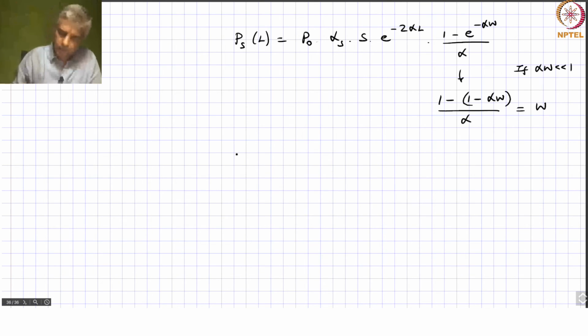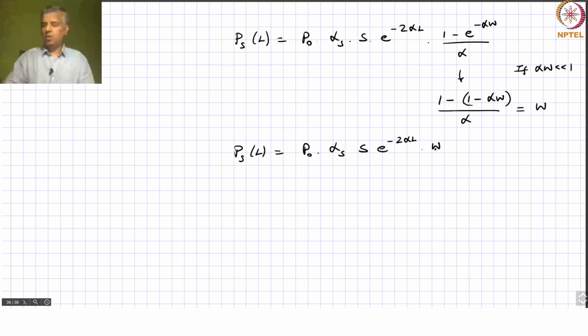Okay, so you can write PS of L is equal to P naught multiplied by alpha S multiplied by S, e power minus 2 alpha L, multiplied by W, where W corresponds to a certain pulse width, right? And then the velocity of light in this medium.